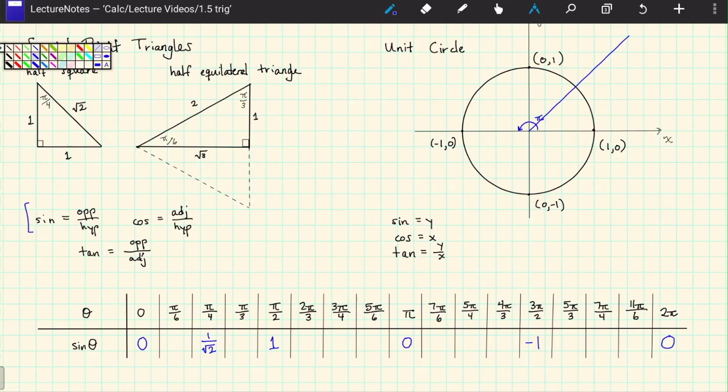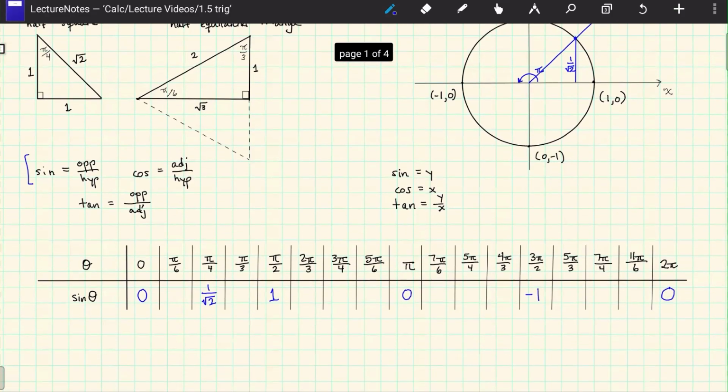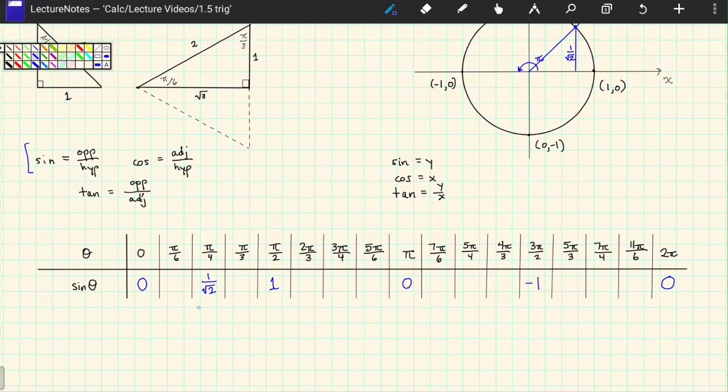There's my pi over 4. And here, my y-coordinate, if I build my little reference triangle here, then this length should be 1 over square root of 2. And just for reference, 1 divided by the square root of 2 is approximately 0.707.